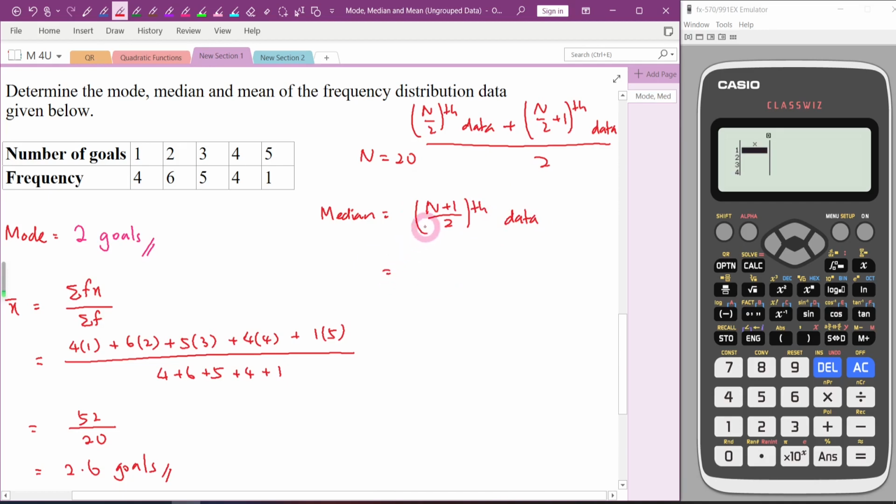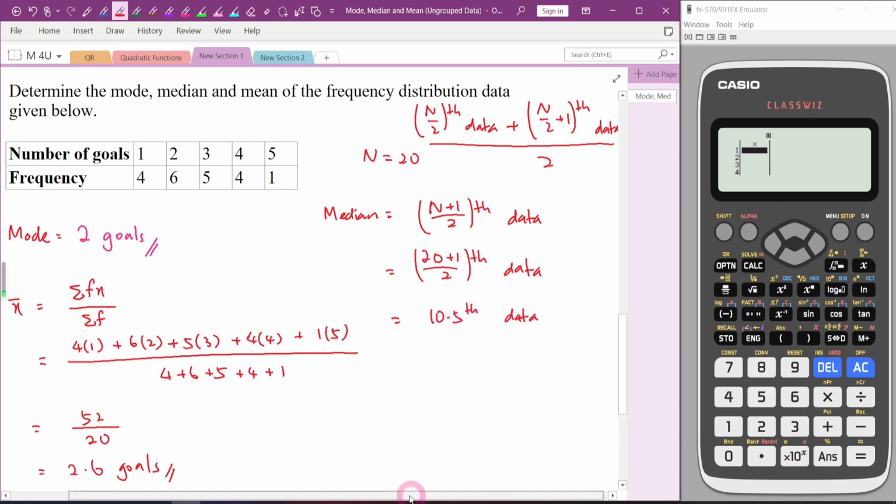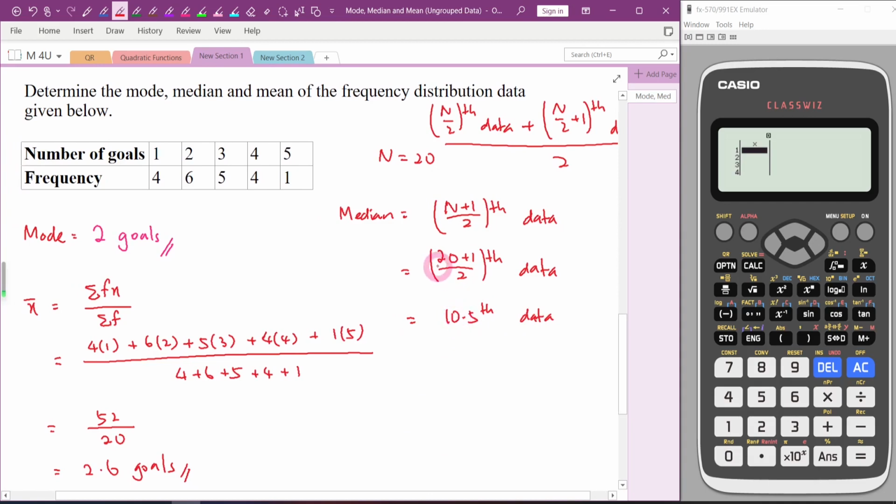So in this situation, the n will be 20, 20 plus 1 divided by 2. 20 plus 1 is equal to 21, divided by 2 will be 10.5. We actually don't have 10.5 data, right? But this tells us that we need to take the 10th data plus the 11th data and then divide by 2. But how do I know which one is the 10th, which one is the 11th?